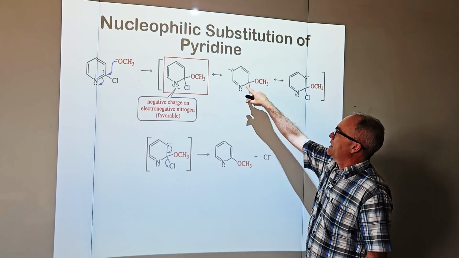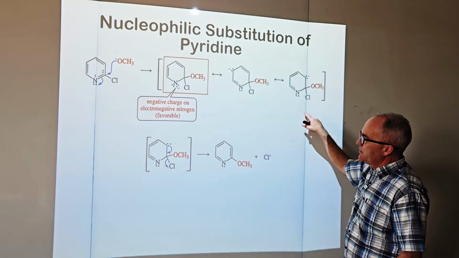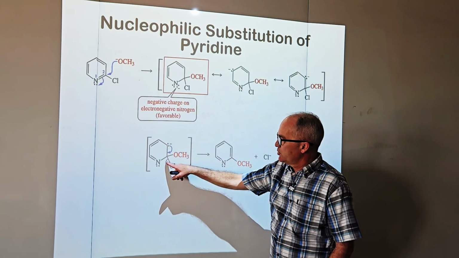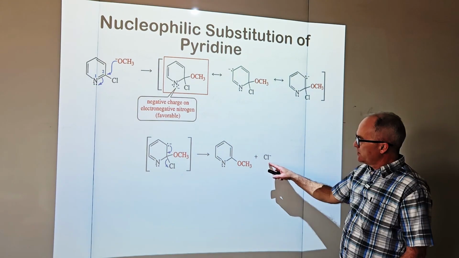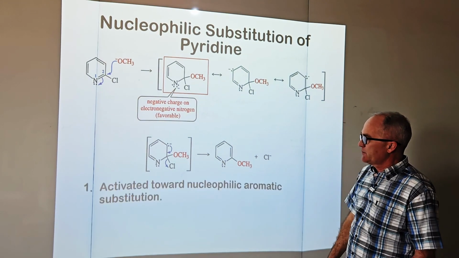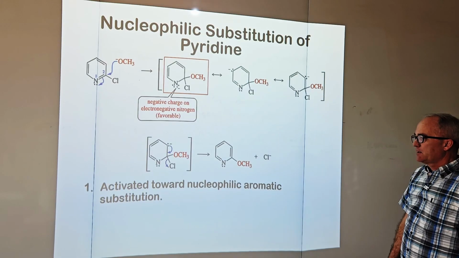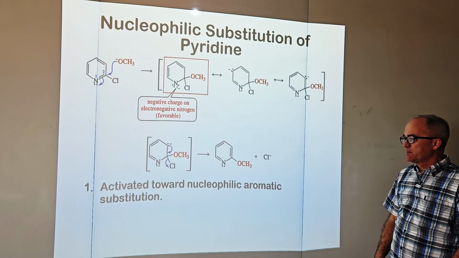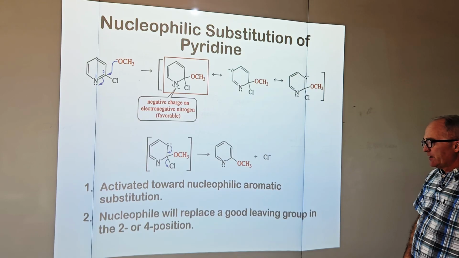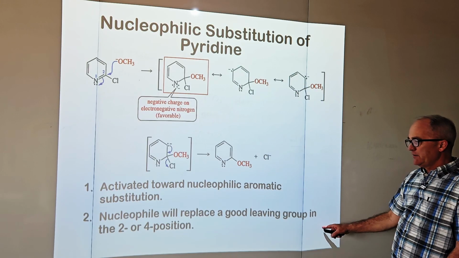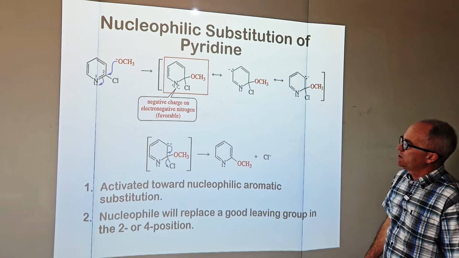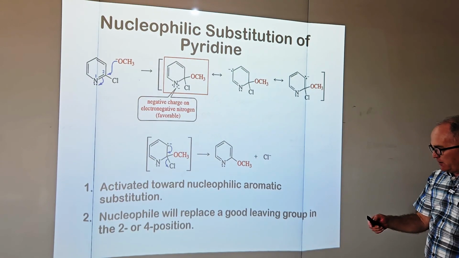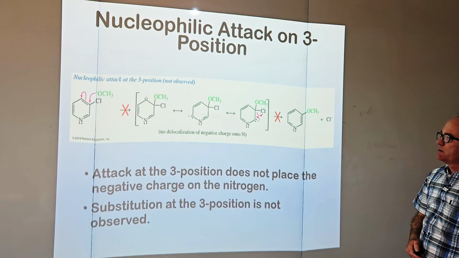And notice instead of a cation, we have an anion. Eventually those electrons jump off and the chlorine leaves. And so it's a typical substitution reaction, activated toward nucleophilic aromatic substitution. The nucleophile will replace a good leaving group in the number 2 or number 4 position. Ortho or para are analogous to those things.